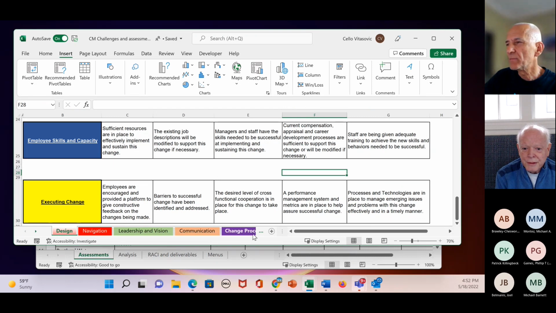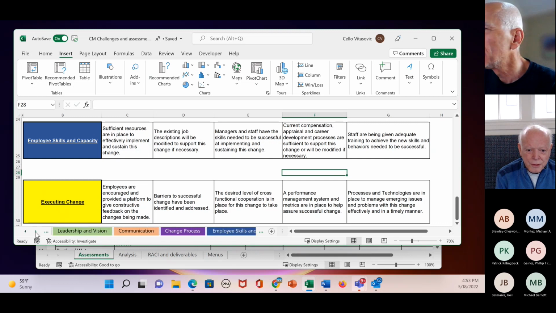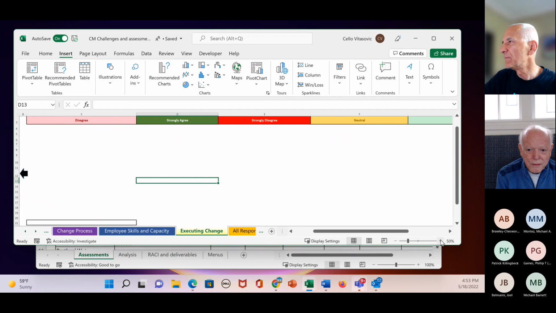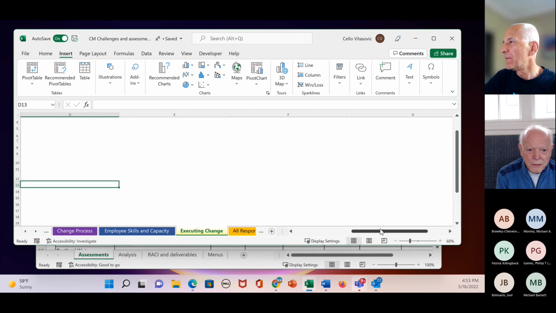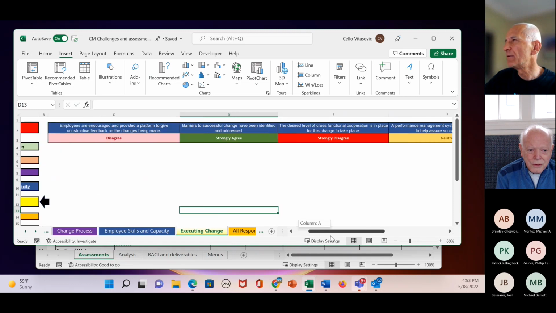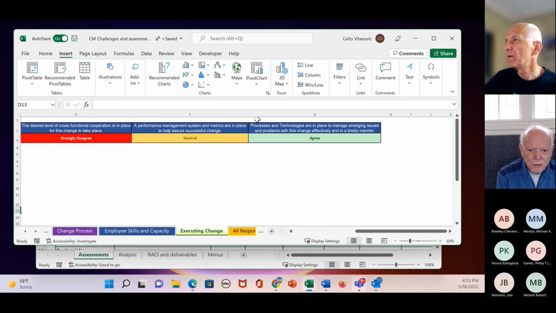So if I've done this correctly, this should have been reflected. Let me zoom in. If you look at the last question here, you see that now it says "with this change".